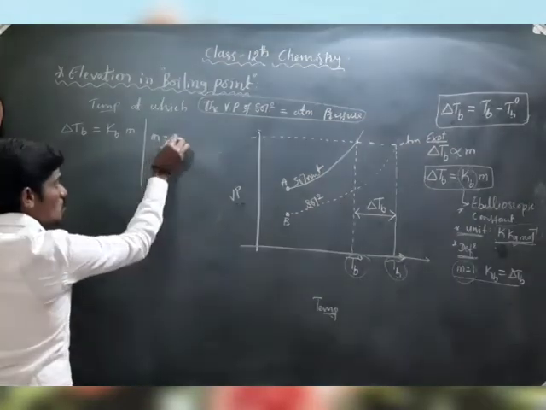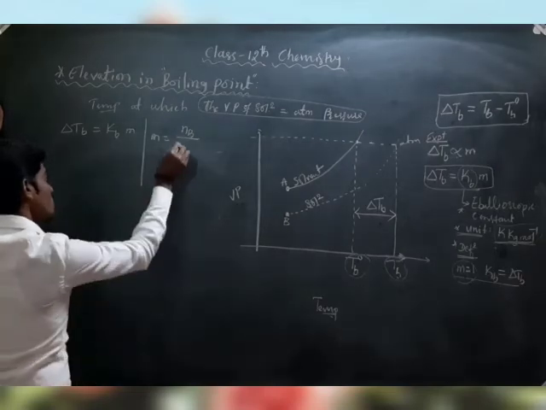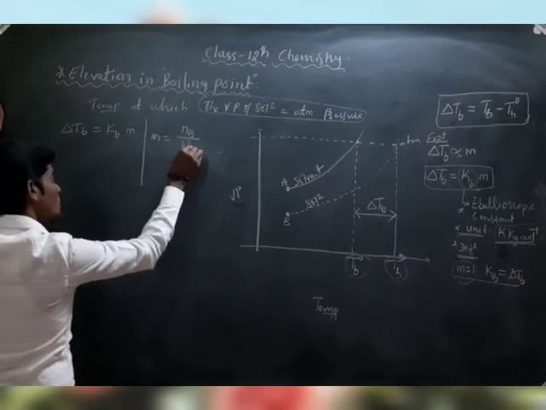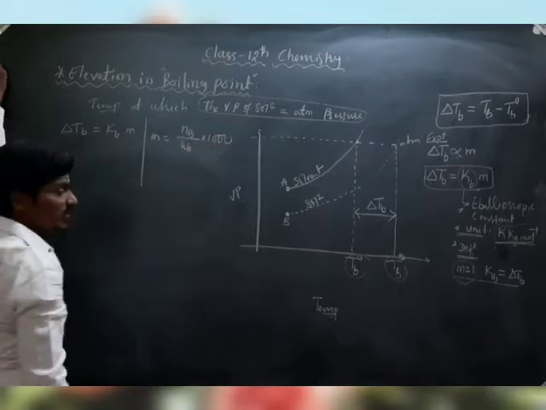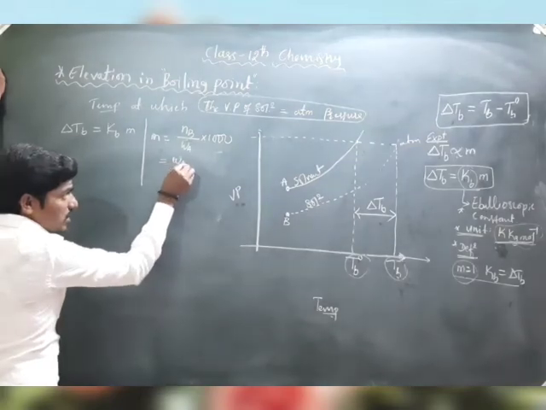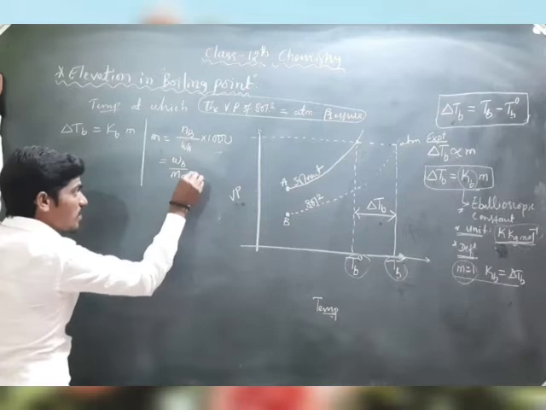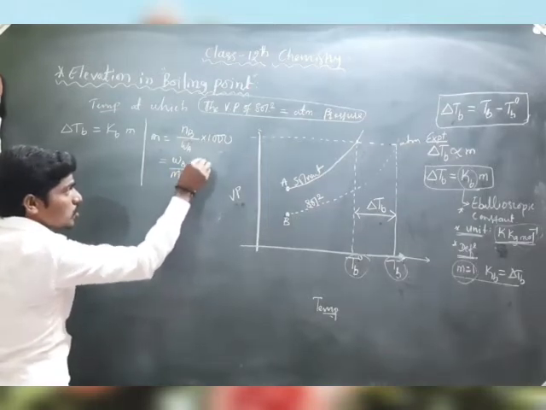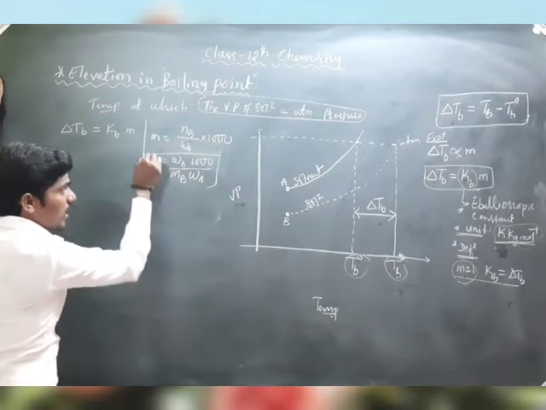Molality is the number of moles of solute present in 1 kg of solvent, that is, nB into 1000 divided by WA. So nB is nothing but the given mass of solute divided by the molar mass of solute, whole divided by the weight of solvent into 1000. So this is the formula of molality.